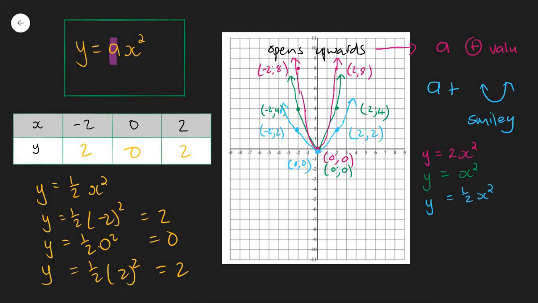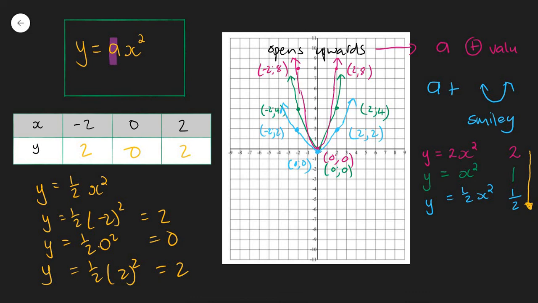Now if we look at the values of a, in this case it was 2, here it was 1, and here it was a half. Now look at the legs of the parabolas. The smaller the a, the wider they are. So making my value of a smaller means that my arms go wider.